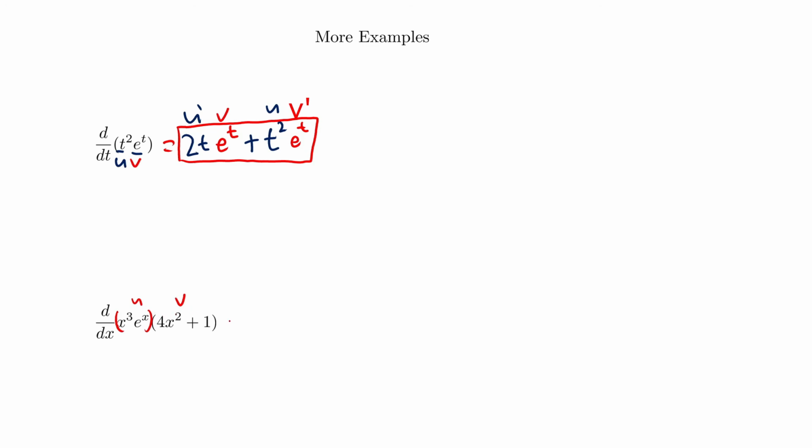The way in which we do this is when we find u prime, we're actually going to do the product rule on just the first set of terms. We'll put it all in parentheses. So this is going to be 3x squared times e to the x plus x cubed times e to the x.